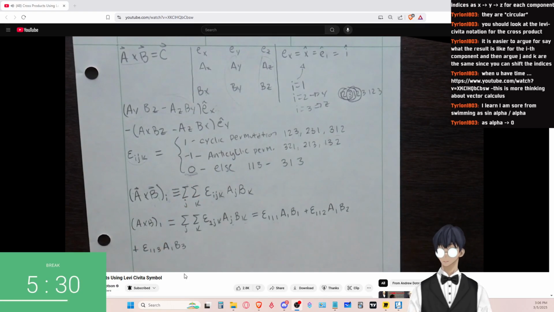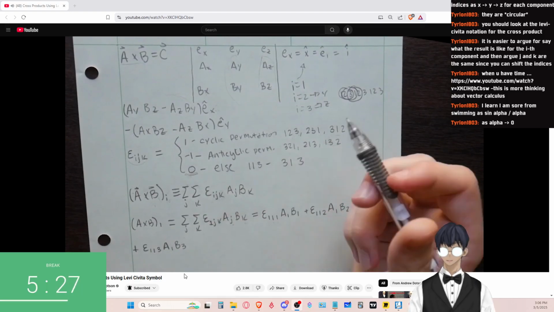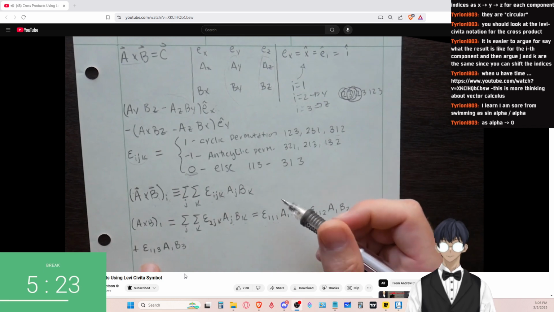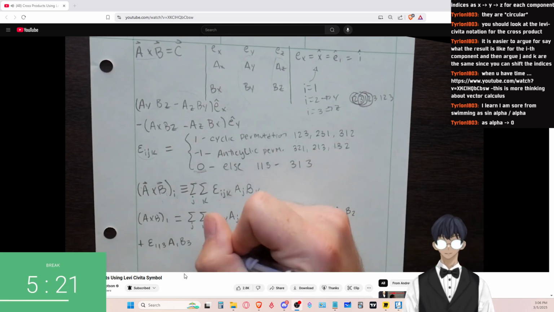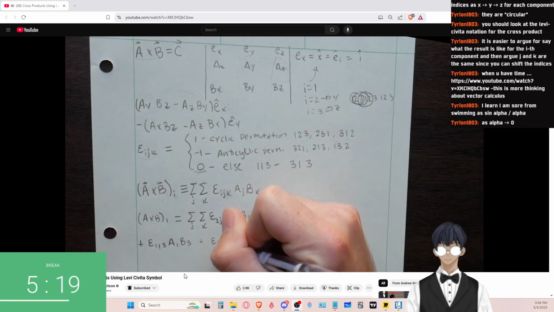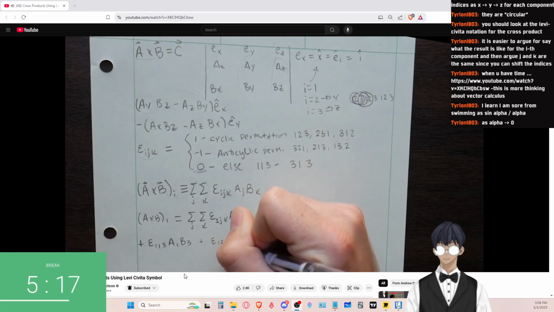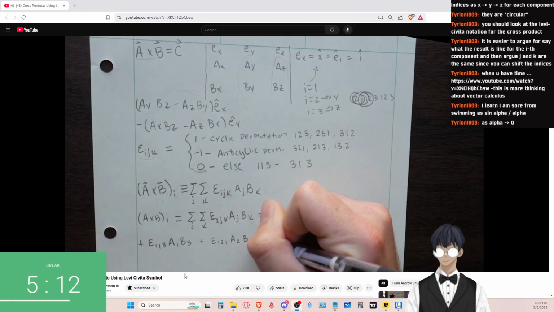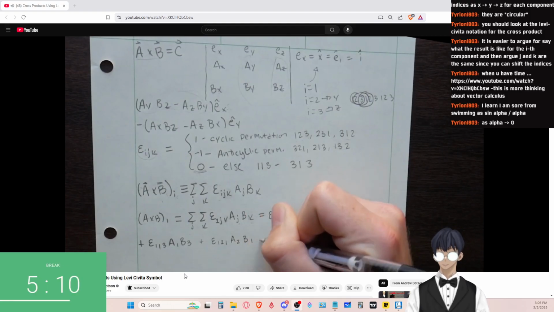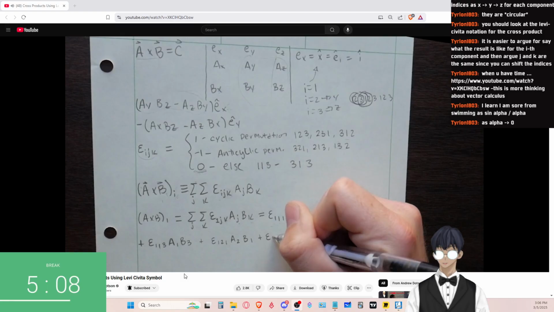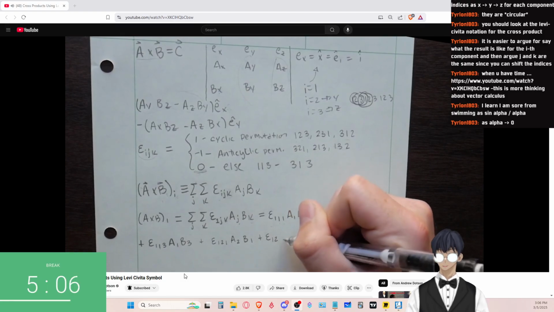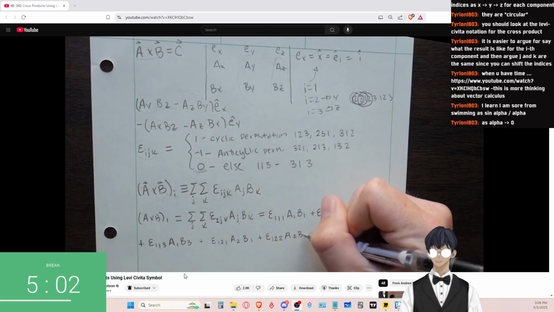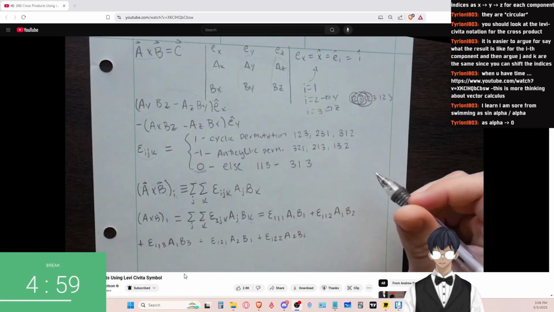And you see how this is kind of monotonous, and right away we see that all of these so far have a repeated index, so they're going to go to 0, but you know, just to be thorough. Plus, let's do epsilon 1, 2, 1, A2, B1, plus epsilon 1, 2, 2, A2, B2. I'm doing this in a weird order, I know, but I'm just trying to make sure I get them all.